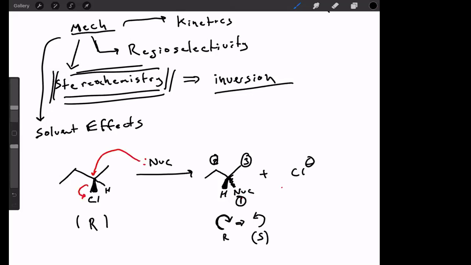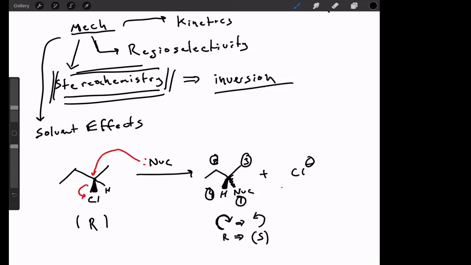So we say that the arrow is R, but because the rules for specification require that the lowest priority group be pointing away from us, we have to switch our designation because that priority group is actually pointing towards us. Now we could always redraw the molecule, but that's a little bit more complicated than just saying, okay, reverse your answer. Again, at the beginning of the video, I have the arrow correctly, I just call it the wrong thing.